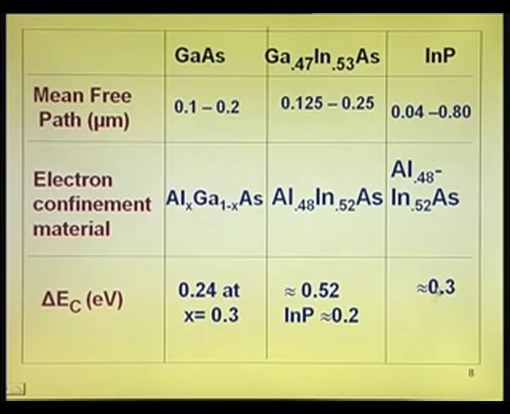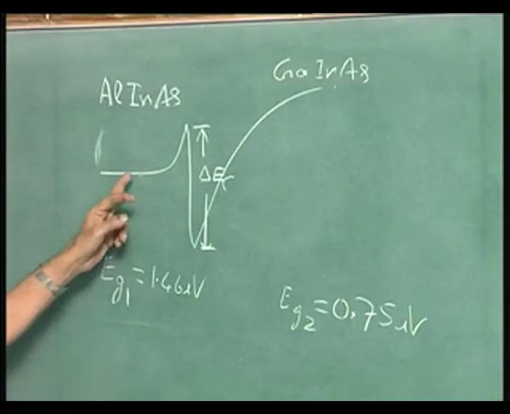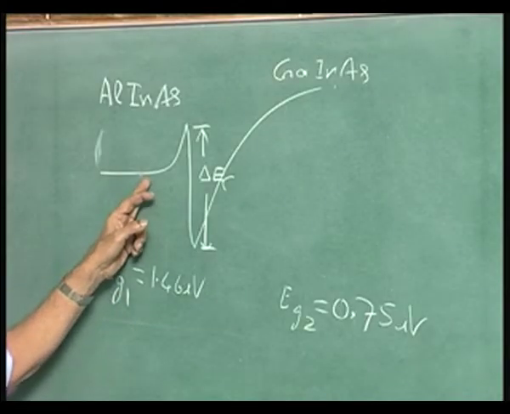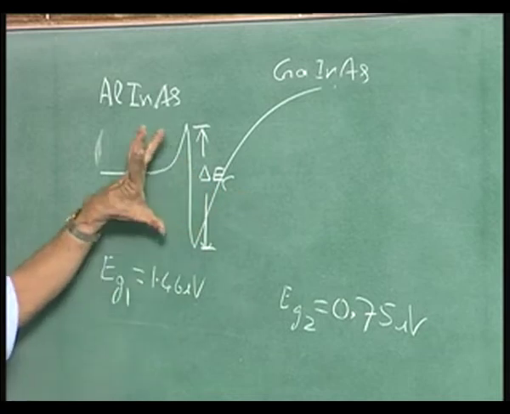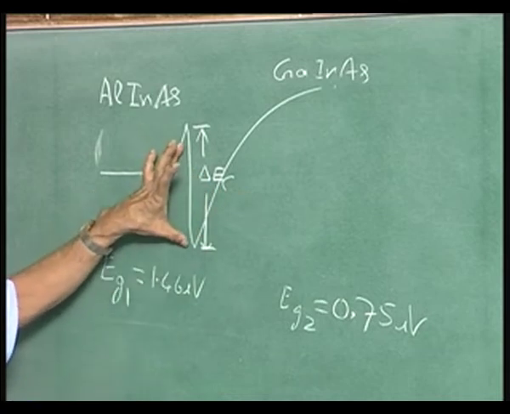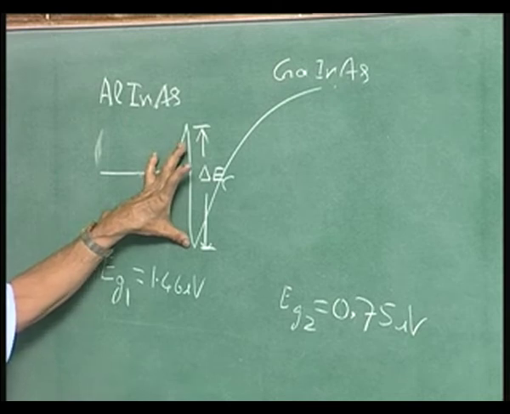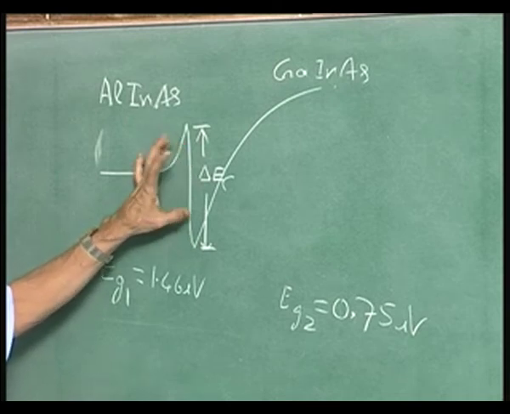So, aluminum gallium arsenide is a confinement layer, that is this layer if it is aluminum gallium arsenide, and if this is gallium arsenide, this is 0.3 electron volts for a particular x. You do not go to too much of x there because you are worried about aluminum contamination.